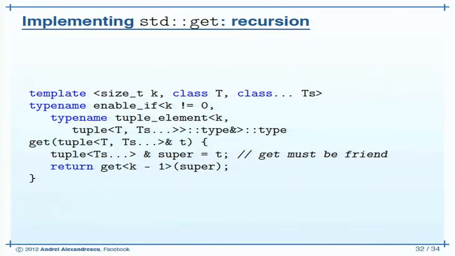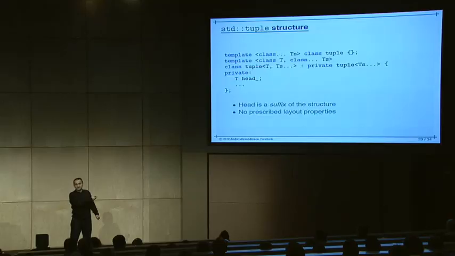Right? Now, here's a subtlety. There's all this business with taking the super and all this stuff. Here's what happens. Remember when I defined the layout, I very carefully used private inheritance here. Which means whenever I have a tuple of 5 elements, it's going to inherit the tuple of 4 elements and add something to it.